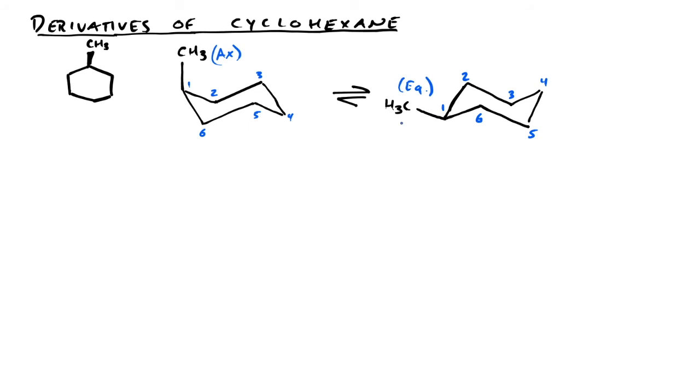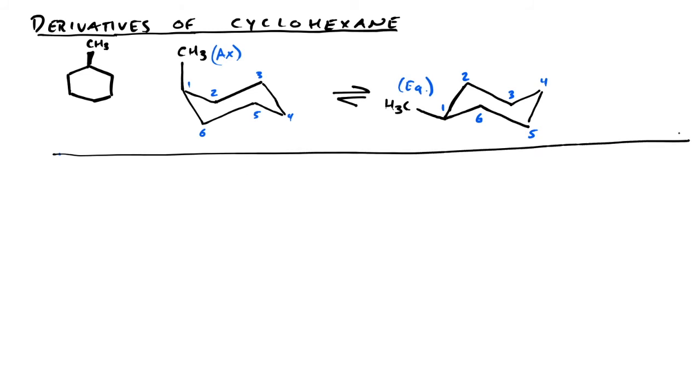Let's look at this with a slightly more complex structure. Let's look at the structure of menthol. Okay, so let's draw here the structure of menthol, which is that compound that gives rise to a minty taste.